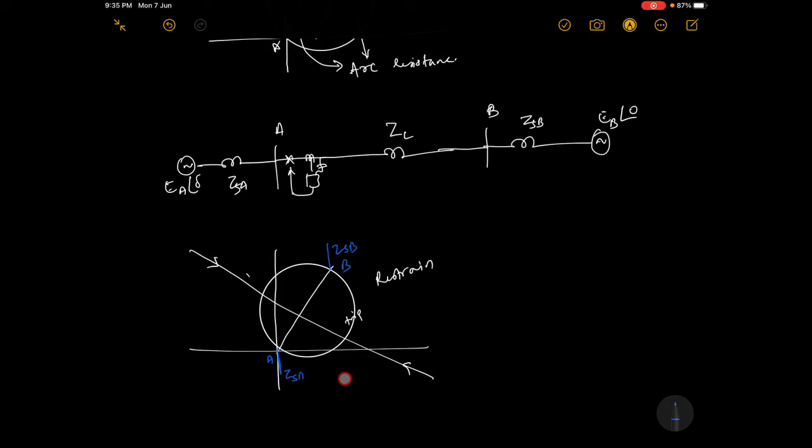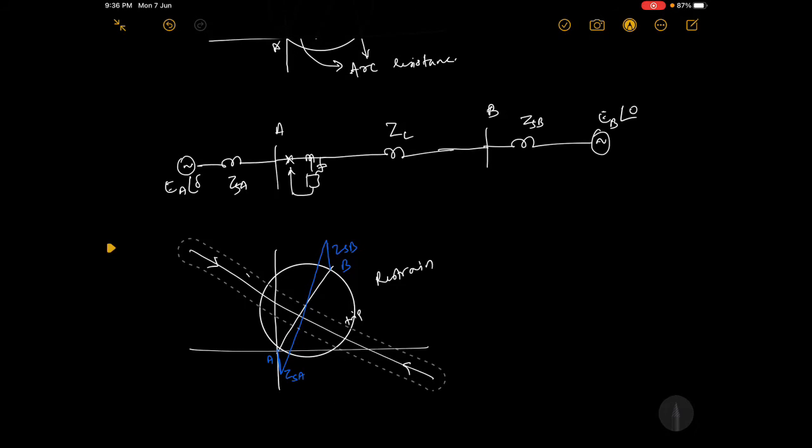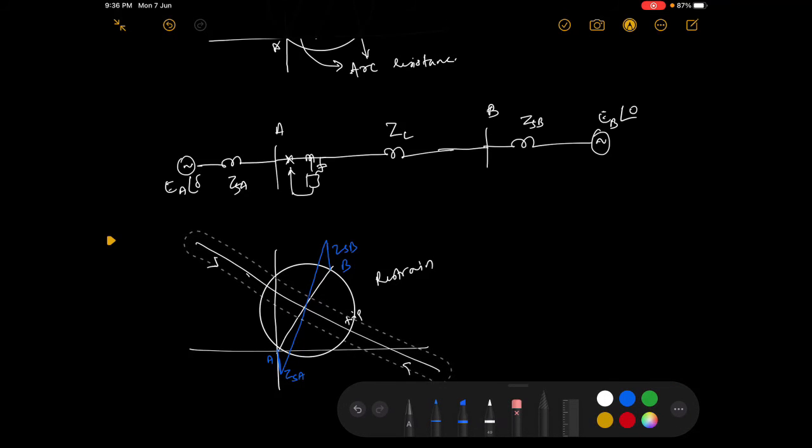This is ZSA, along with ZL. This line will move such that it will intersect it.